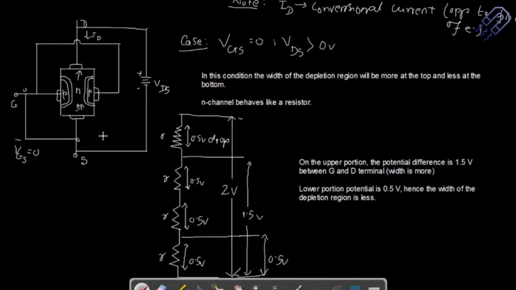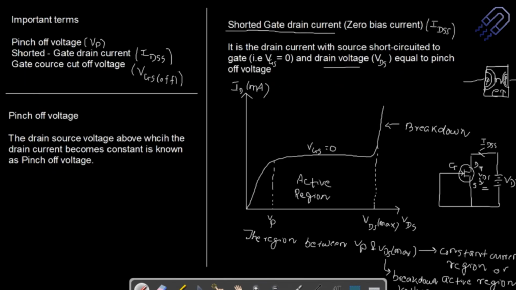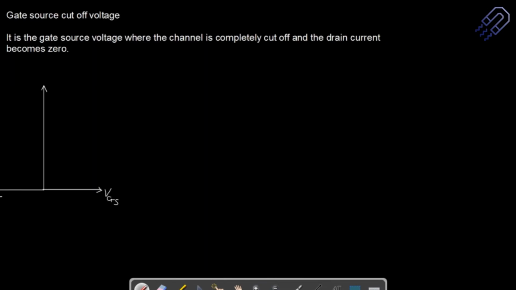So VGS is this, gate source, this part. You are going to apply some biasing, and if you change the biasing, you are going to make the depletion region totally thick so that none of the charges can flow across, and you cut off the drain current here. You are going to have a cutoff region. That is how it is written, and then we can write it down as minus VGS.